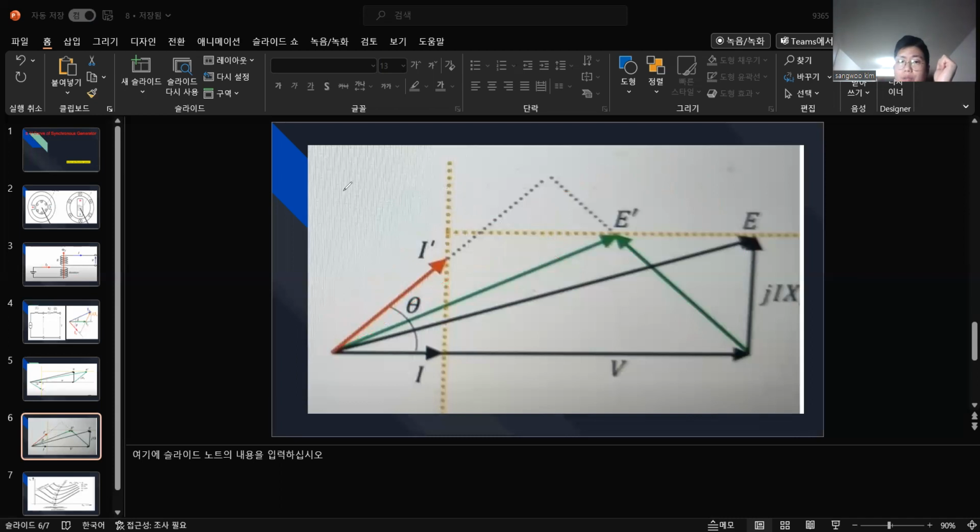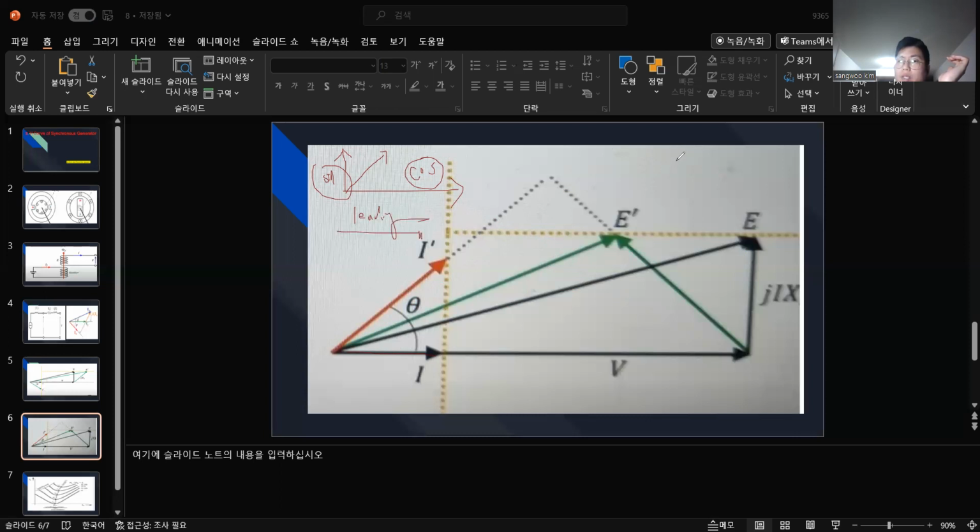So look at that. What happened? Actually from here when it started, I is here, the cosine part, right? But now the sine part is this. So we added the reactive current, but this time it is leading, under excitation, right?